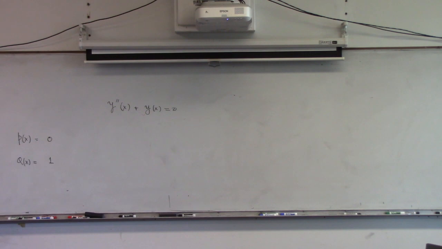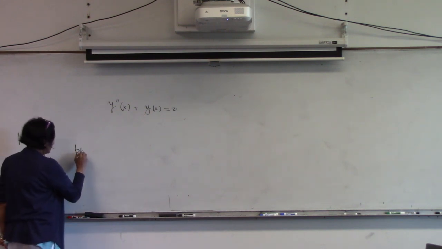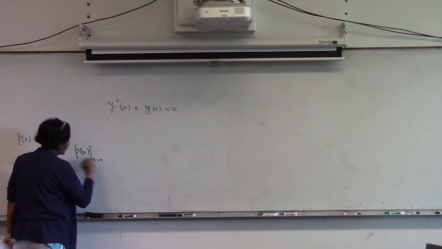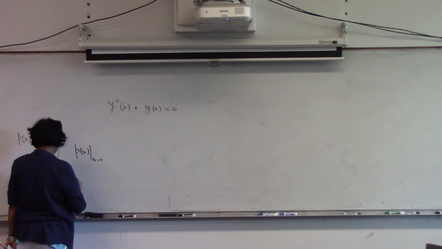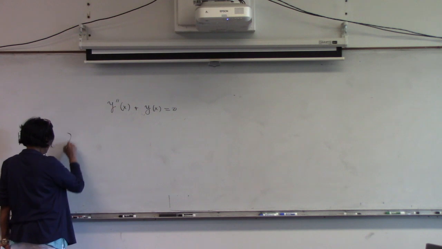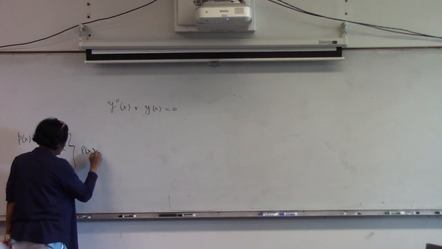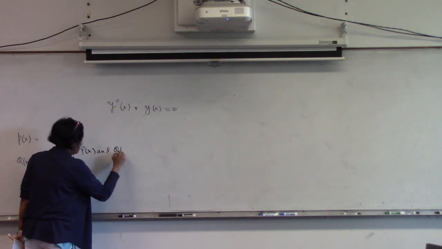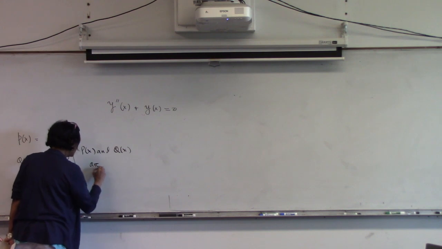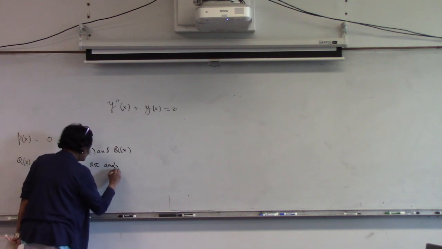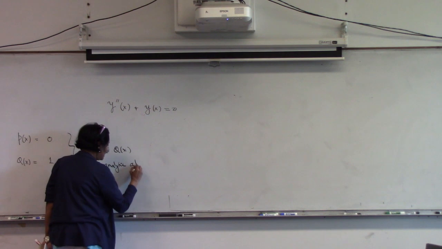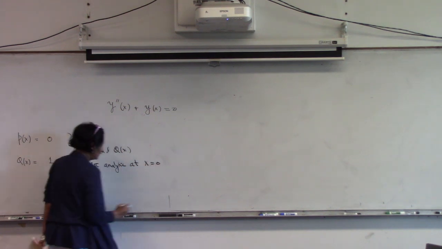So P of x at x equal to 0, if I want to expand around that point, is fine. They are well defined. P of x and Q of x are analytic at x equal to 0.